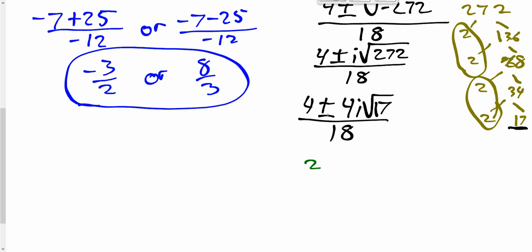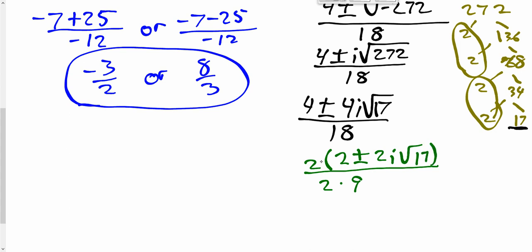I could pull a 4 out, but 4 is not going to help me with that 18 on the bottom because 2 doesn't go in there. I'm left then with a 2 plus or minus a 2i root 17. When you have 2 times the top and 2 times the bottom, you can cross those 2's out, and what you're left with then would be your final simplified answer.